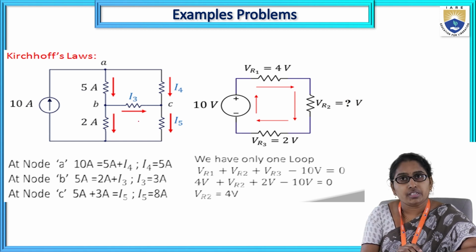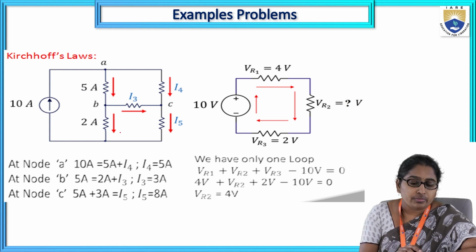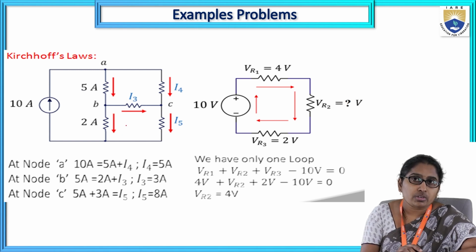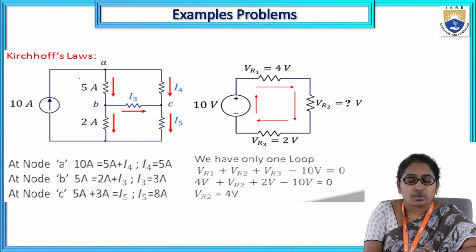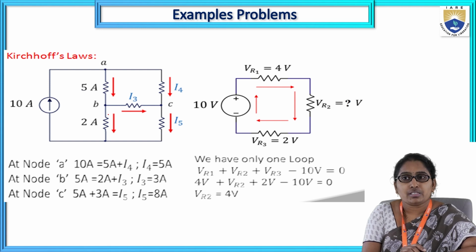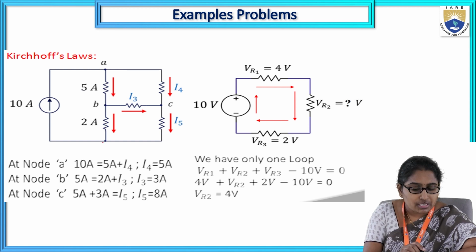So the question here is, using the circuit given, we need to find these unknown currents I3, I4, I5. The hint is given, based on Kirchhoff's laws. This whole circuit is about the data current, so we have to understand that first point. This circuit we need to solve by using KCL.